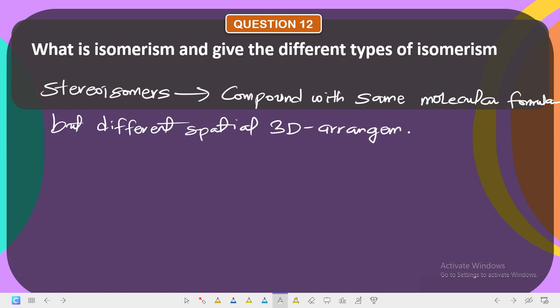They have the same molecular formula but different spatial or 3D arrangement. That is what stereoisomers are all about. Are we getting it now? We are going to look at the different types as time progresses.